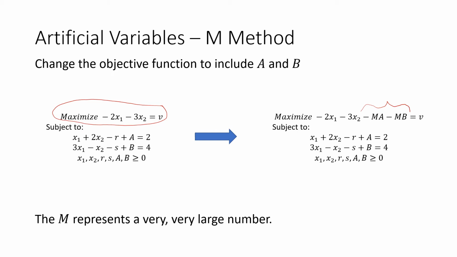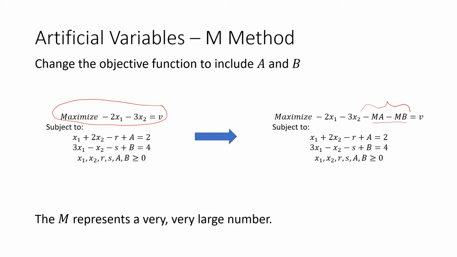So in other words, we are going to make sure that this new part, even if A and B were tiny, tiny non-zero numbers, because remember they have to be positive as well, is going to dwarf everything else. It's going to make sure that the value of those is zero, because if they were anything other than zero, it would dwarf everything else in there.